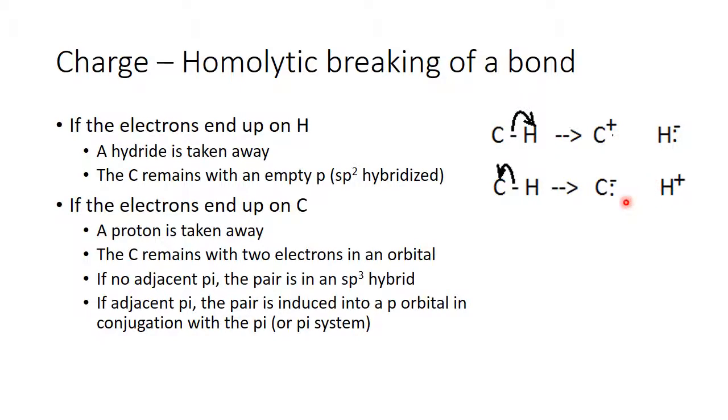That carbanion has those 2 electrons in an orbital, and that orbital can be 2 things. If there's no adjacent pi, the pair is in an sp3 hybrid. But if there is an adjacent pi system, the pair is induced into a p orbital that's in conjugation with the pi system.